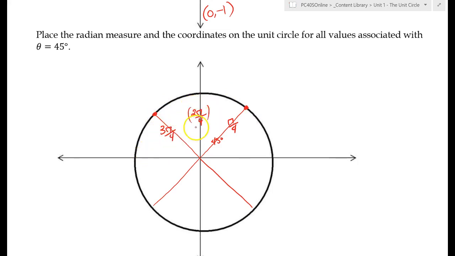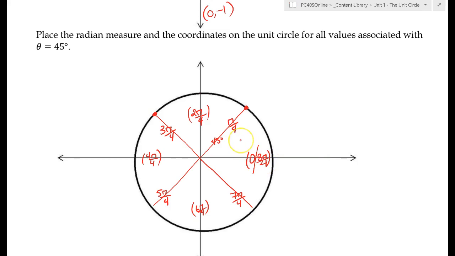This is 4 pi over 4, which simplifies to just pi. 5 pi over 4. 6 pi over 4, which is 3 pi over 2. 7 pi over 4, and then 8 pi over 4, which is 2 pi.